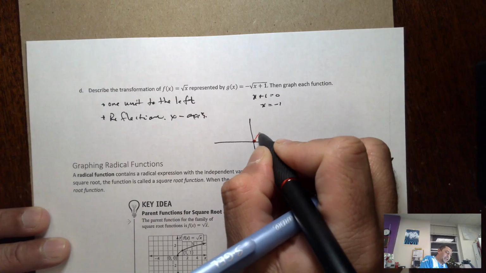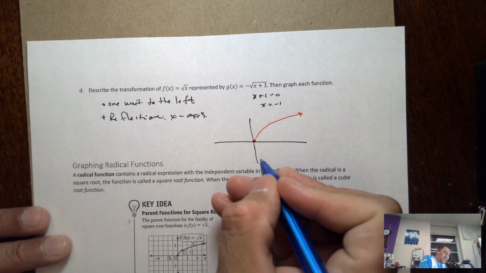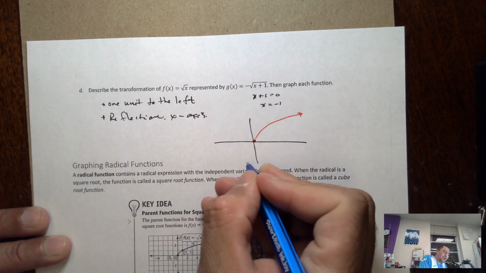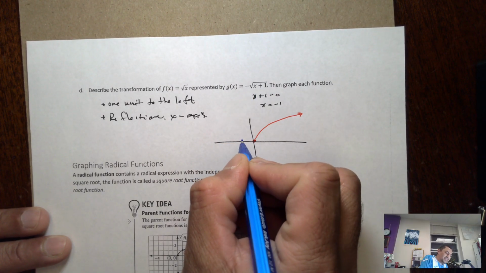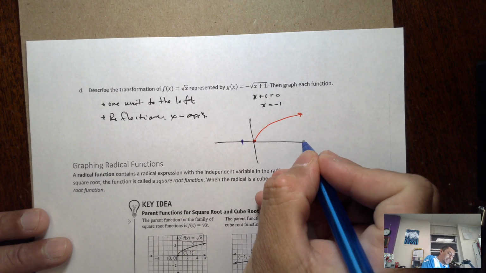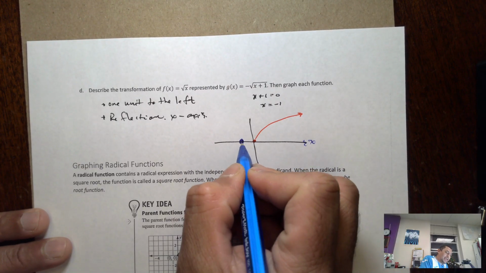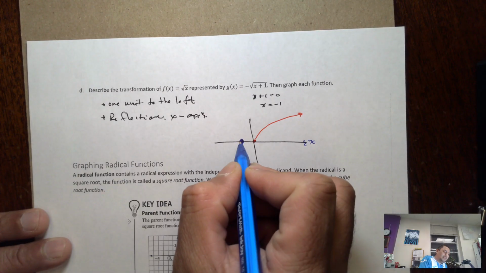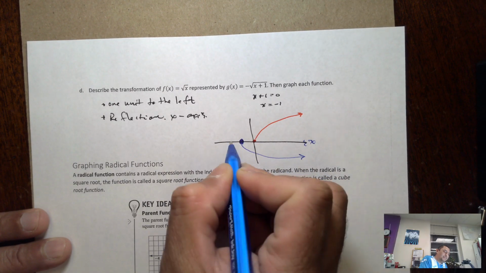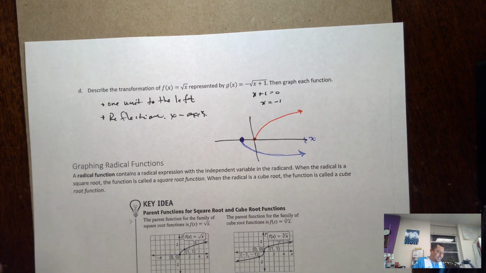So start here, and I'm going to have this one. That's your parent function, what we call it. And now we're going to have the transformation. Remember that this transformation goes 1 unit to the left, and has a reflection in the x-axis. So we're going to start here, and we're going to have a graph something like this one. It's just a sketch of that graph.